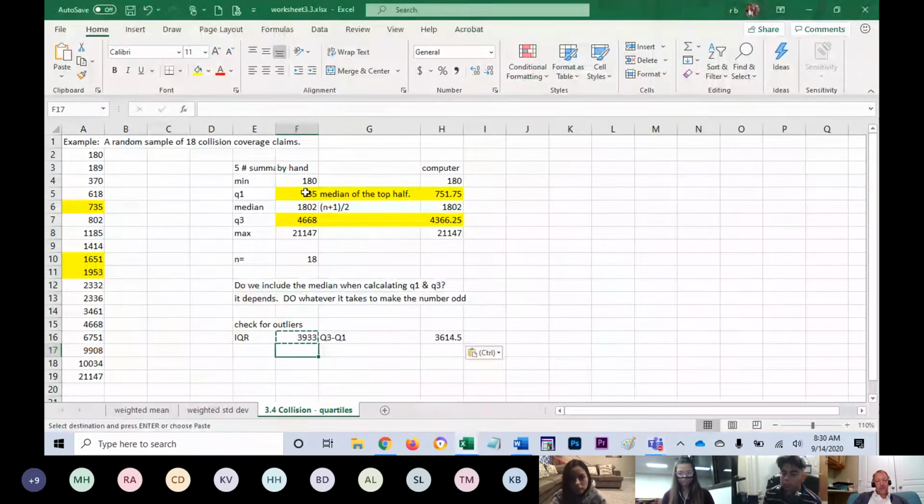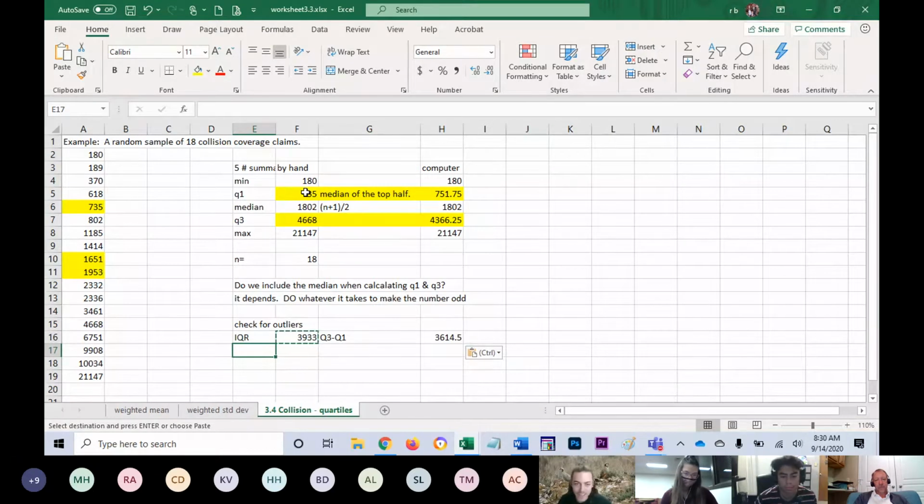How about Keaton? Victor actually did give the answer for one of the fences, but do you remember the next step for finding the outliers? I didn't write that part down yet. Okay, Victor, give it to him again.